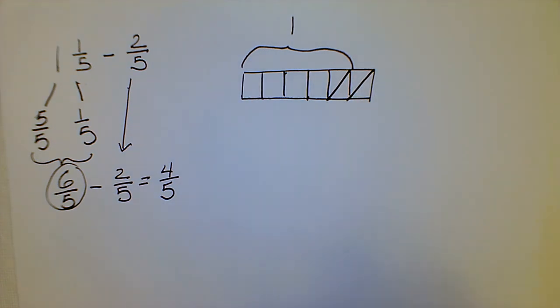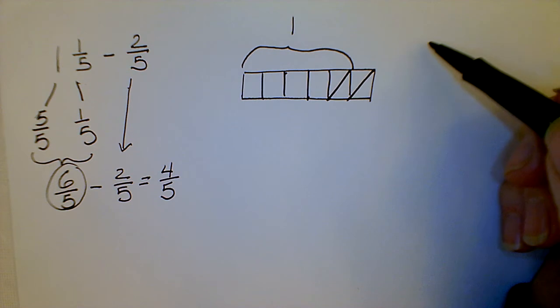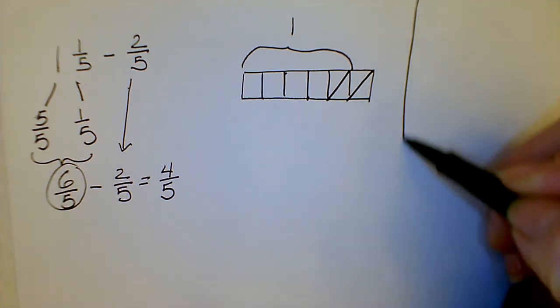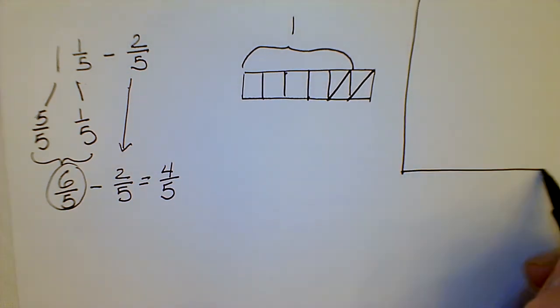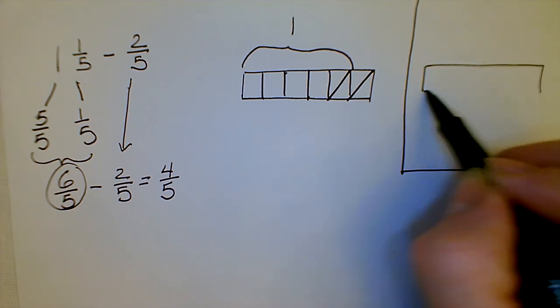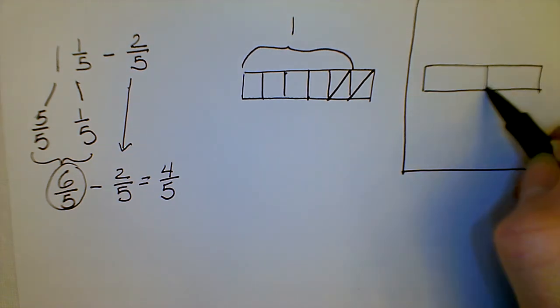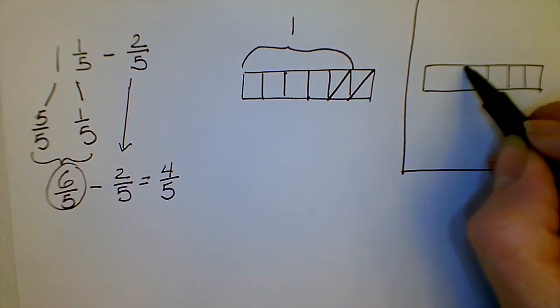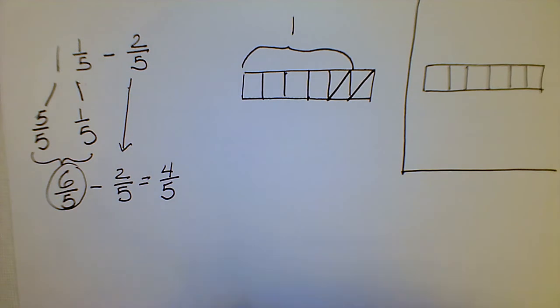There is another way of modeling it. I am going to show it to you one time, and I am not going to show it to you again tonight because I think that it's going to mess you up, but I do want to show it to you. So another way that we could have thought of this was for me to again draw my 6 fifths. Now if this is going to confuse you, just cover your ears until I finish this little box and then come back afterwards.